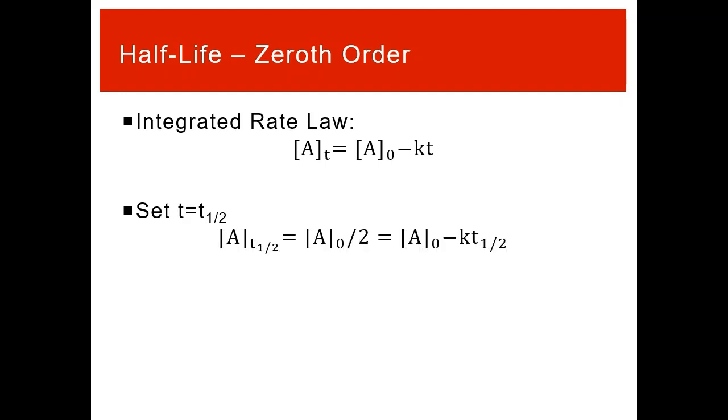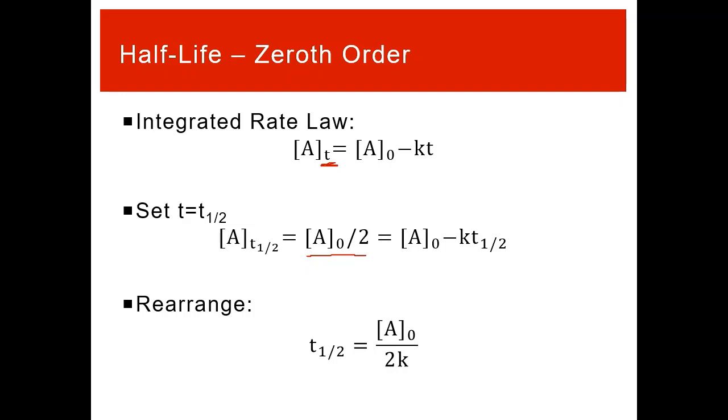If we set t equal to t half, that goes in right there. We can define the amount there at the half-life based off the initial amount. We can do some algebra, rearrange it, and end up with an equation that the half-life is equal to the initial amount divided by 2k.